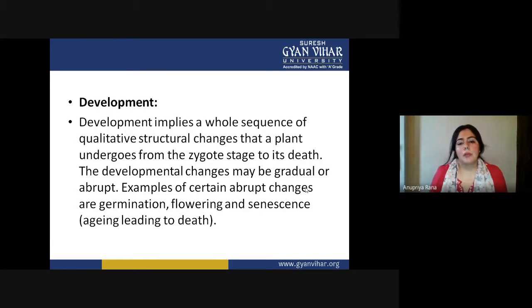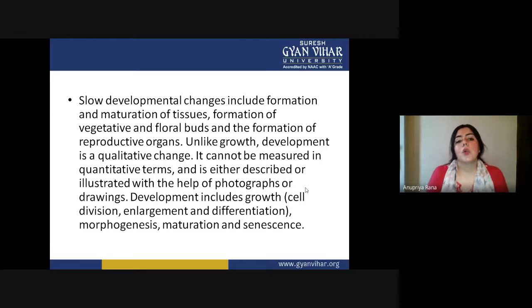These are the parameters that have to be dealt with at each and every step of development. Slow developmental changes include formation and maturation of tissue, formation of vegetative and floral buds, and formation of reproductive organs. These changes happen at a very slow rate, like maturation of the tissue.